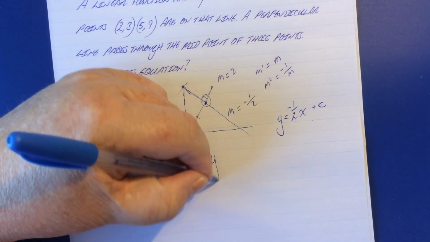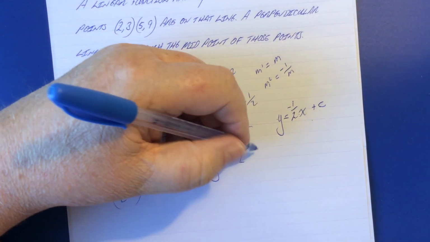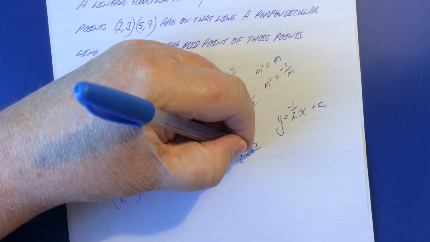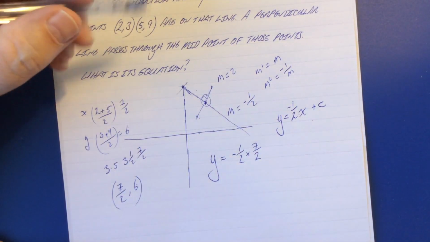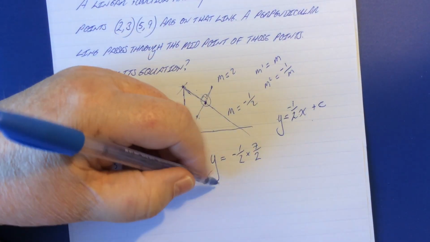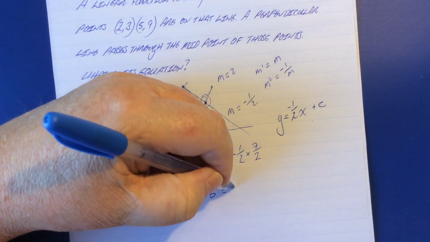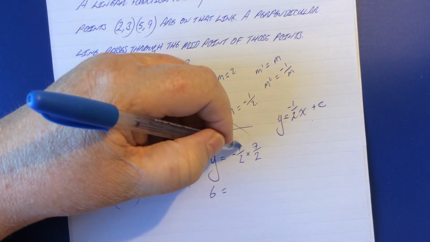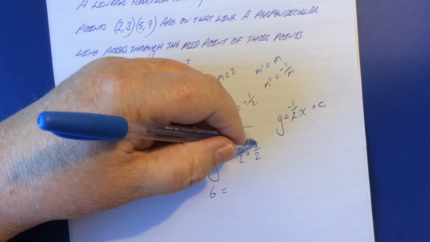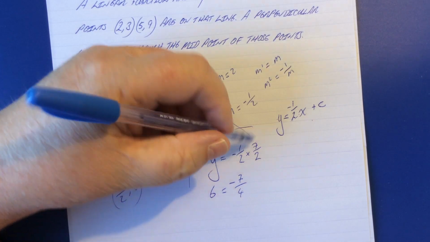So y is equal to negative 1/2 times 7 over 2. It's a little bit ugly. And y is 6. So we can say that 6 is equal to negative 7 over 4.